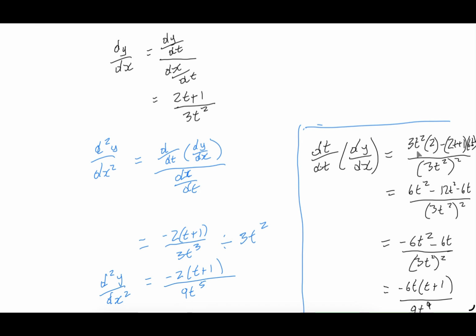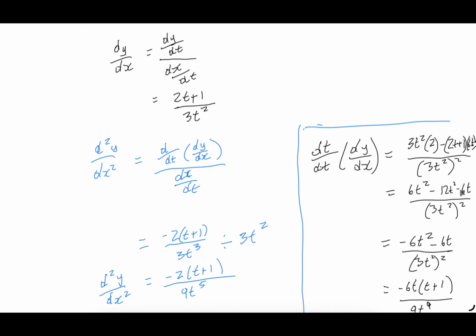So it's low d high minus high d low over low squared, or the denominator times the derivative of the numerator minus the numerator times the derivative of the denominator over the denominator squared. So that's over 3t squared squared.